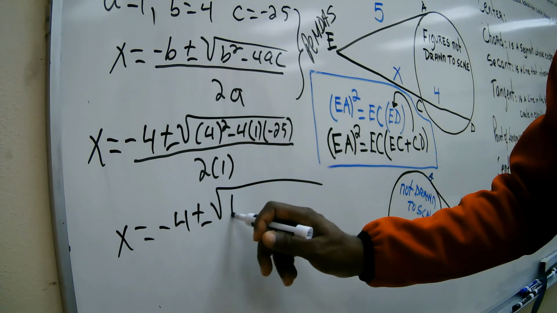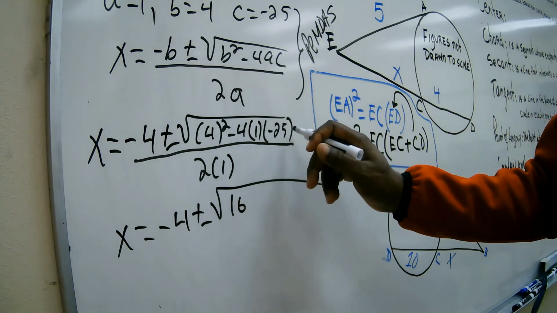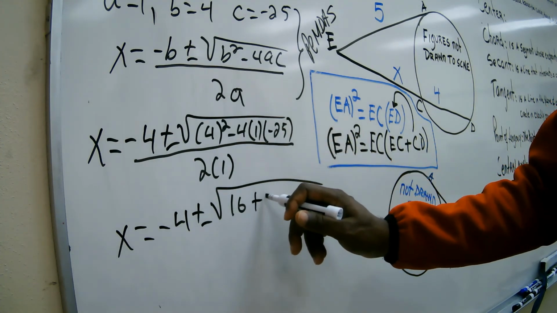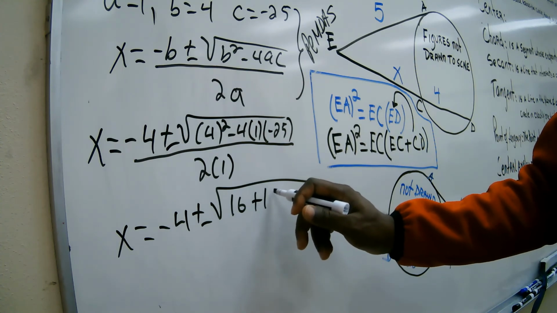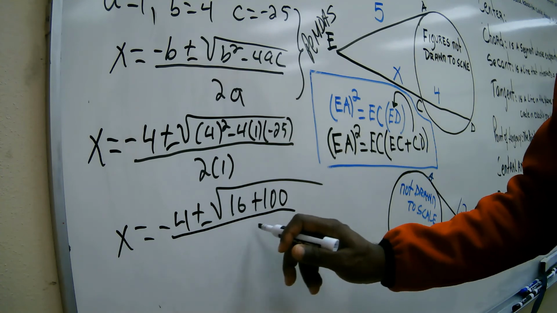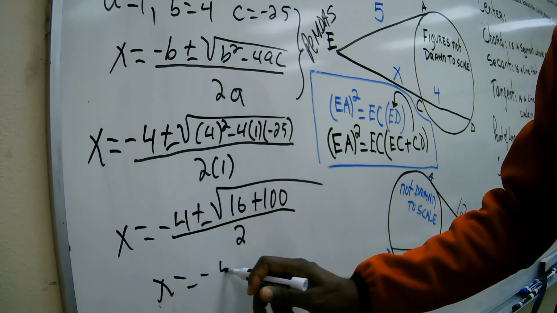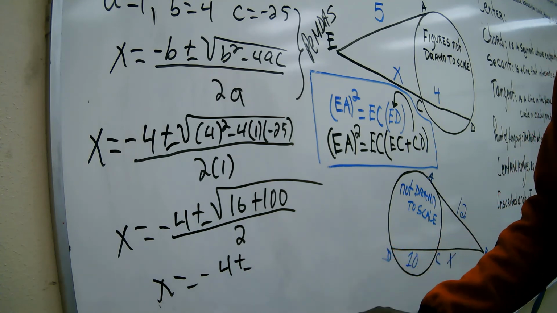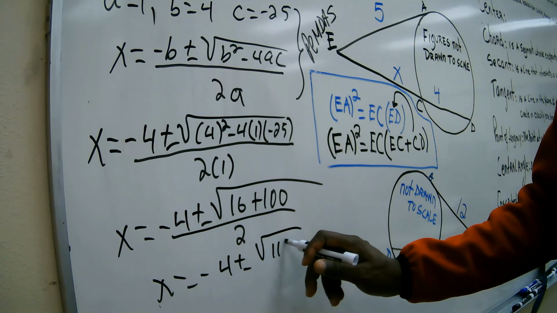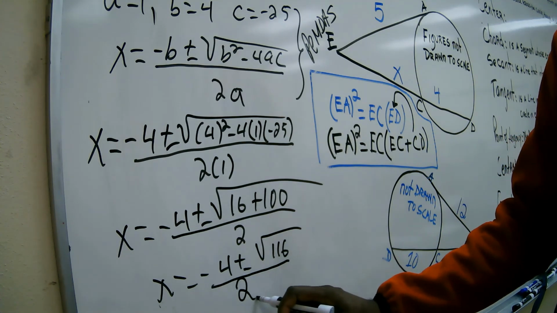When you square 4, that gives you 16, and minus 4 times negative 25 gives plus 100. Everything is over 2. So you will have minus 4 plus or minus the square root of 116, everything over 2.